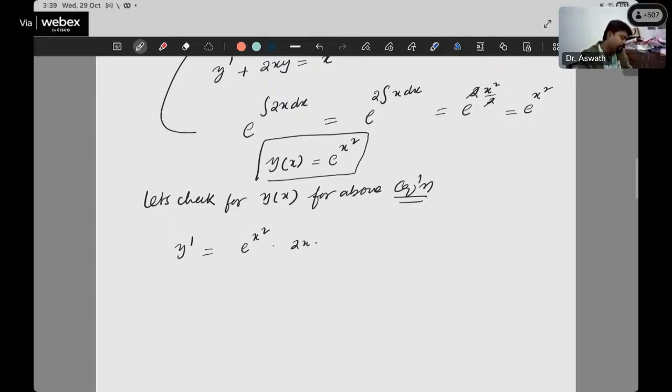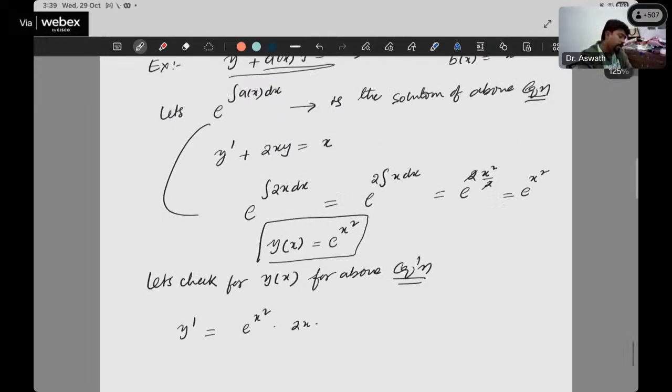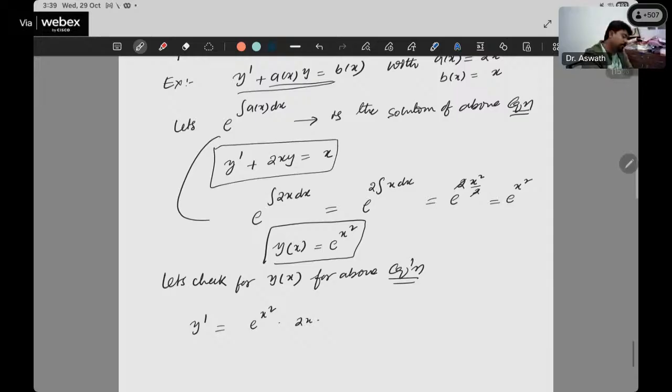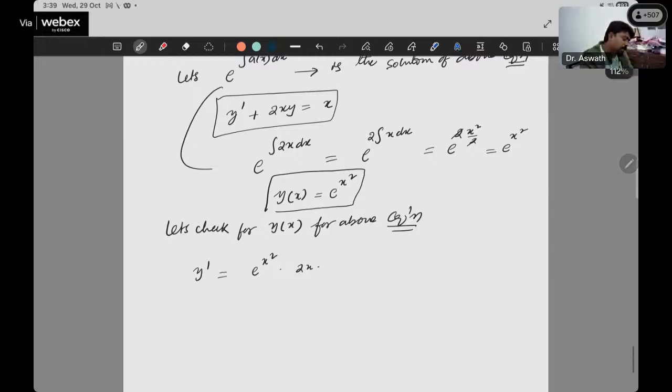Now what I will do is to integrate this equation much more easily. Let's convert the above equation into an easily integrable form.